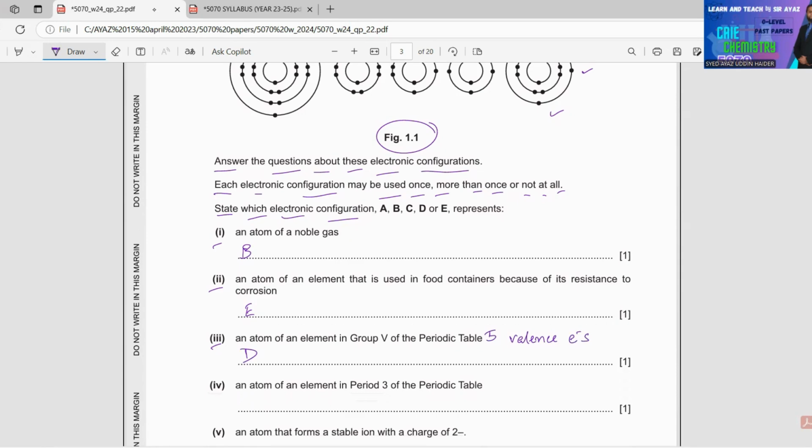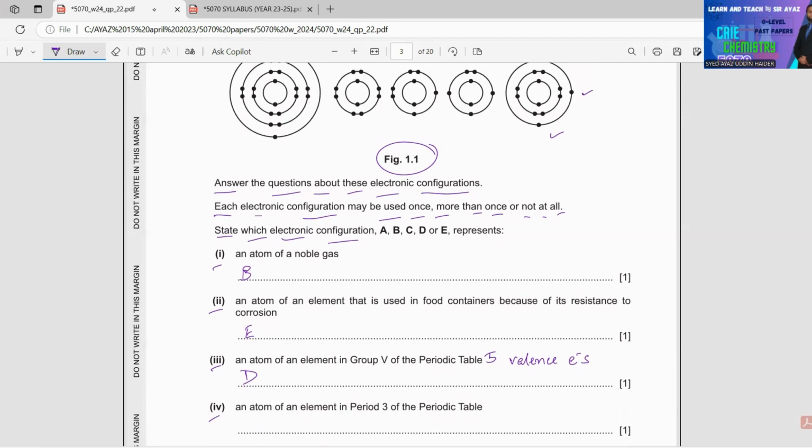Number 4, an atom of an element in period 3 of the periodic table. So this atom must be in period 3. The logic is very simple. It must have 3 shells in all.